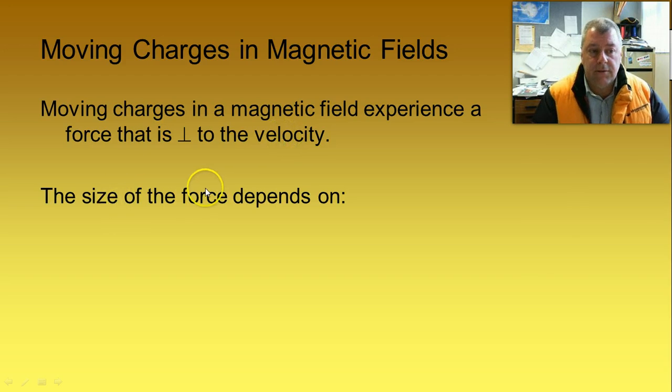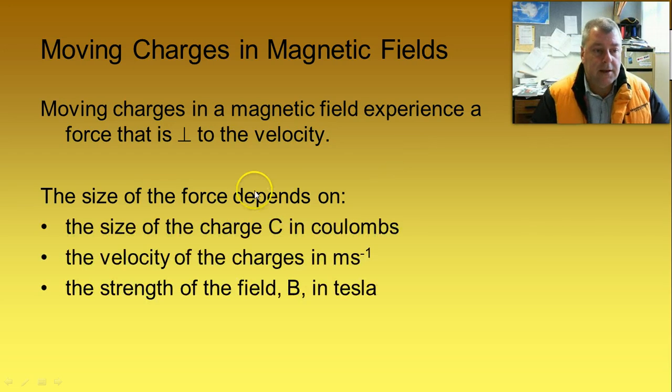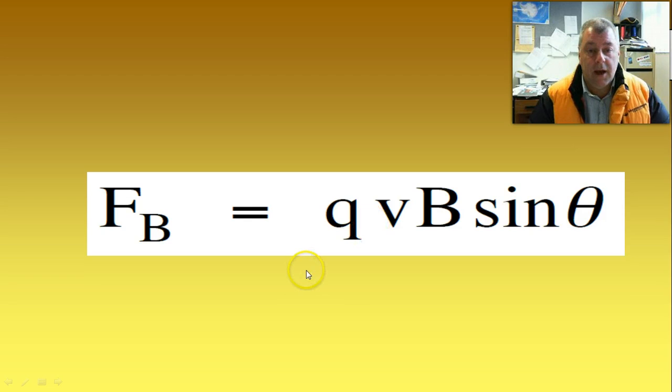Now, the size of the force depends on a number of things. It depends on the size of the charge, the velocity of the charge, and the strength of the magnetic field. So those three things come into play. And we have this equation here, which is force due to the magnetic field. Force is in newtons.